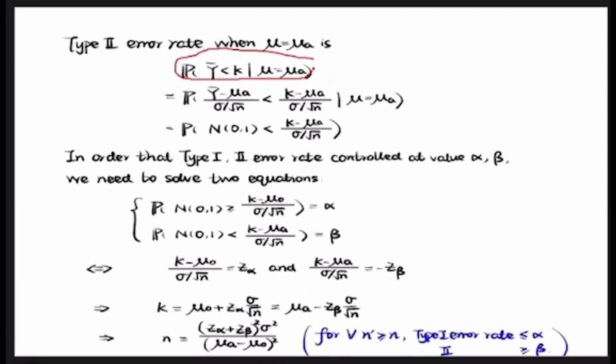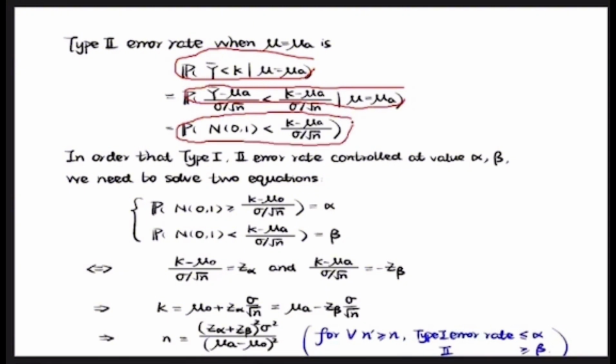I've changed the greater than to less than because I'm focusing on type 2 error rate. Then what am I going to do? I'm going to subtract the mu A, which is the mu under the alternative, from both sides, then divided by the standard deviation. That's exactly what I'm doing here. And at the end of the day, take a look at what I have.